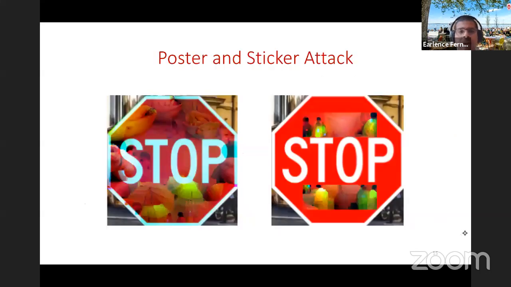Okay, and like the classifier work, we did 2 styles of attack. We did an attack with a poster, where the entire object is covered with a big poster, and we did, of course, stickers, where we again manually chose a mask.